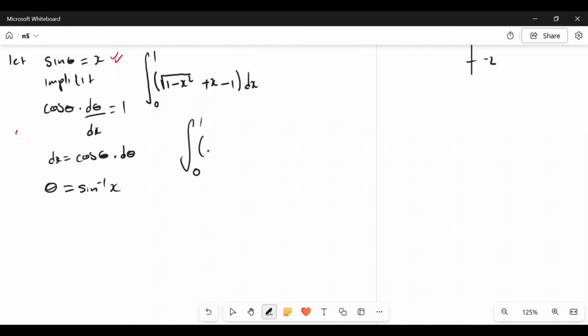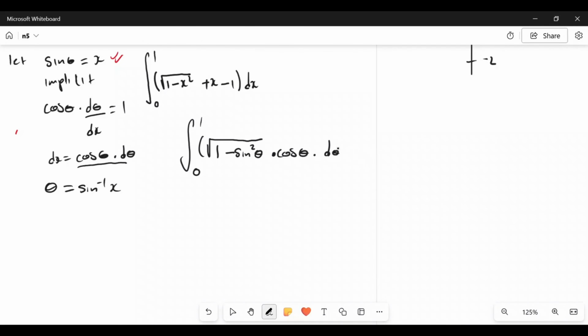This one here, we can say the root of 1 minus x, but we said x equals sine theta, so we write minus sine theta squared, because this is x squared. And then instead of writing dx, we write dx in terms of cos theta multiplied by d theta, so cos theta d theta.